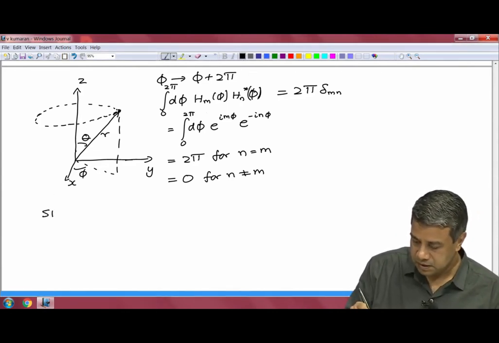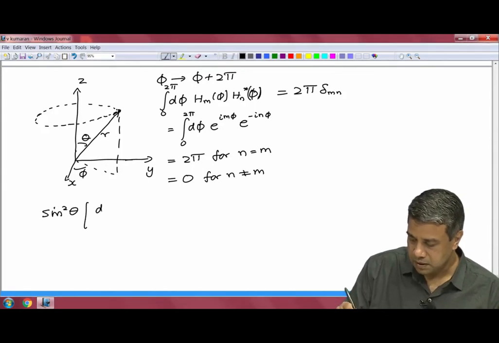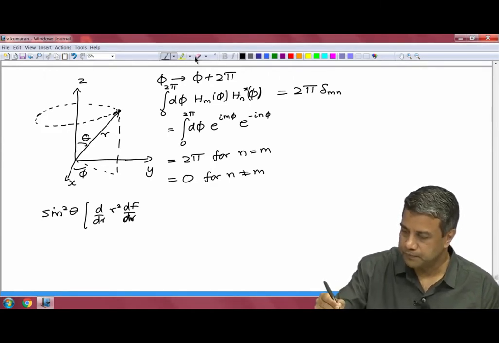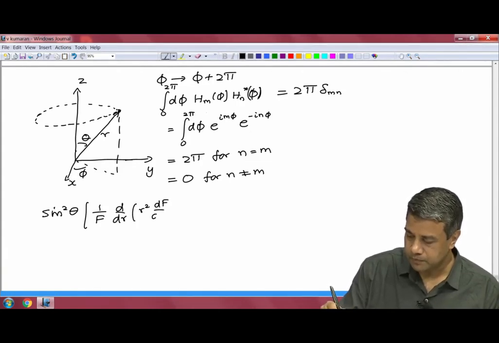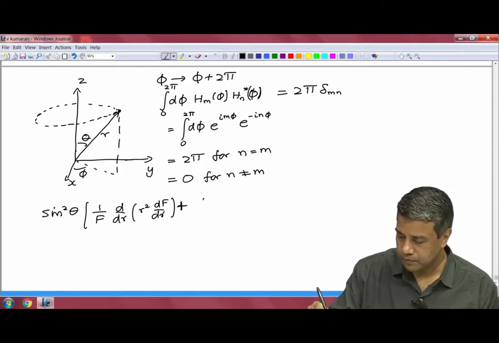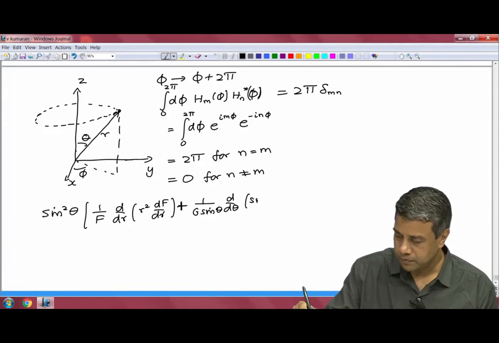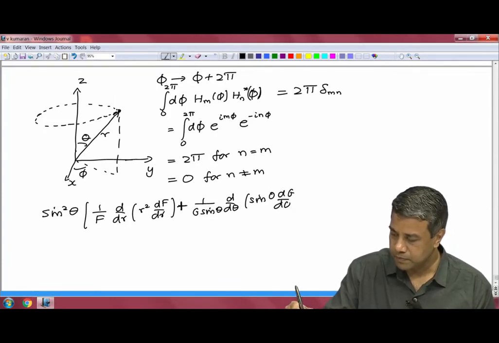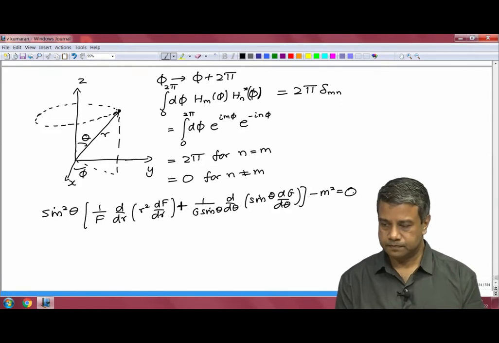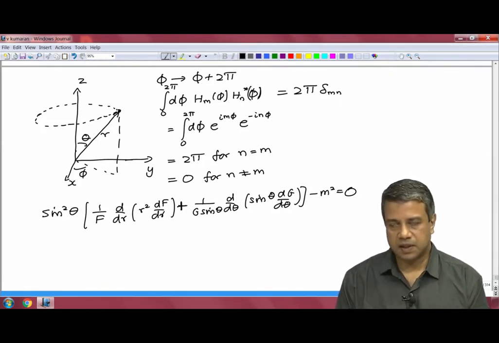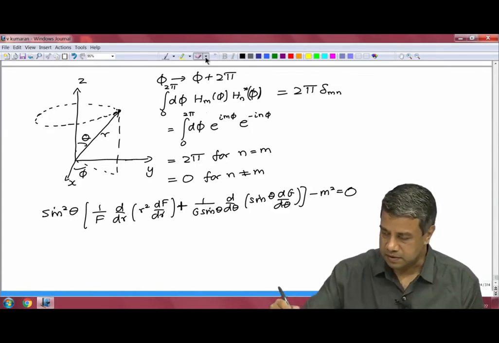So, I will get sin square theta into d by dr of r square df by dr, and I can divide throughout by sin square theta, where m is an integer.